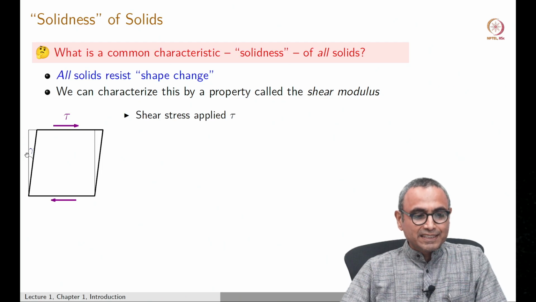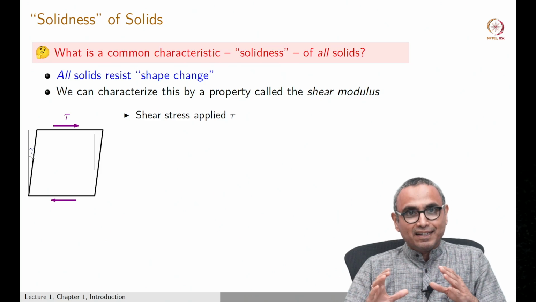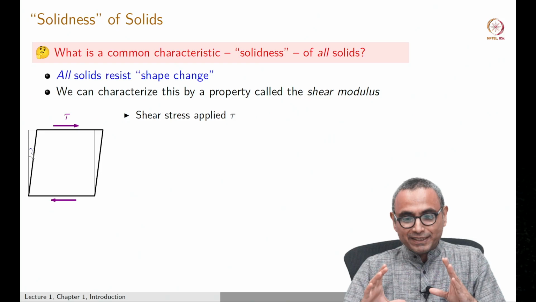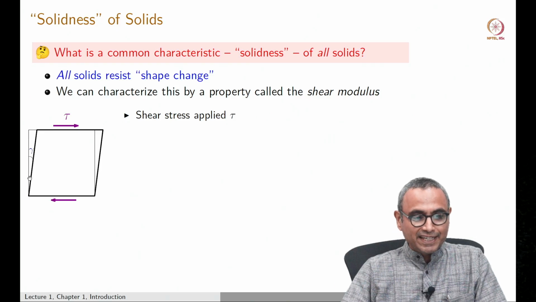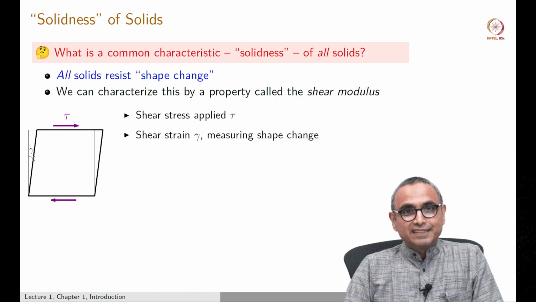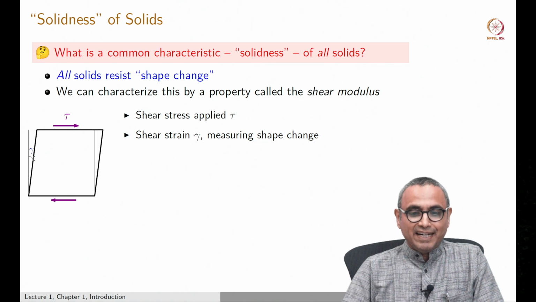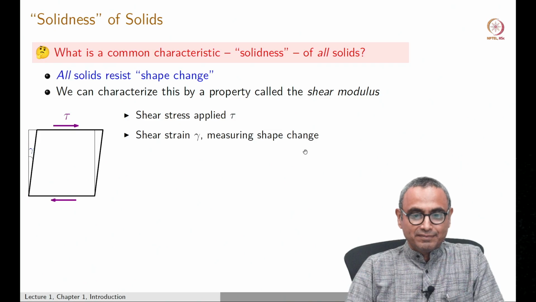I characterize the change of shape by measuring the angle of deformation, that is how much this 90-degree angle has changed to something less than 90 degrees, and let us say the change of angle can be characterized by an angle gamma. This is typically called the shear strain, and this measures the shape change of the solid.